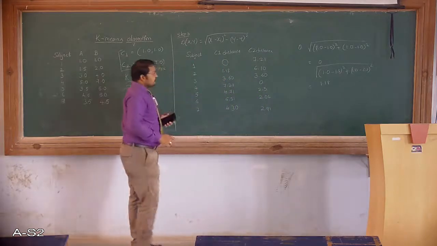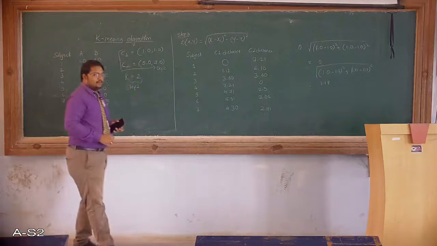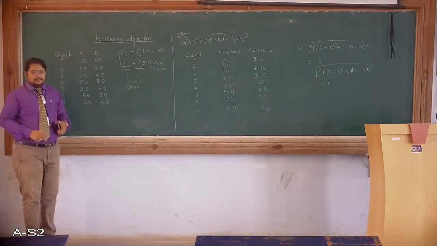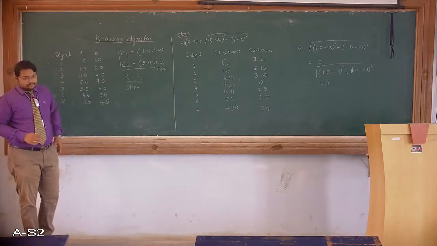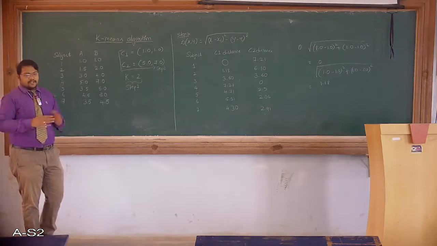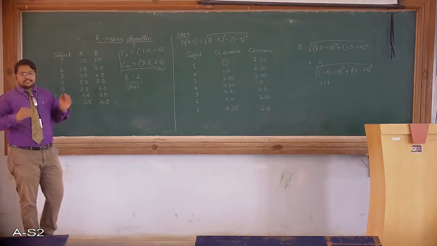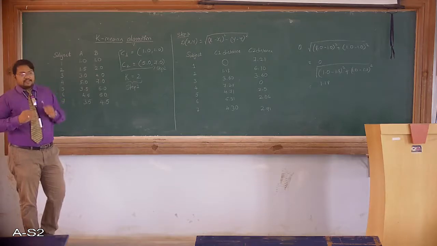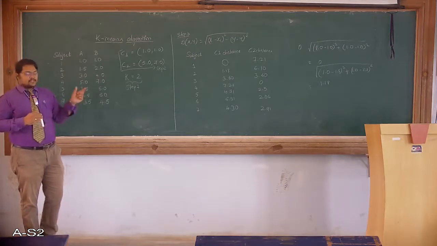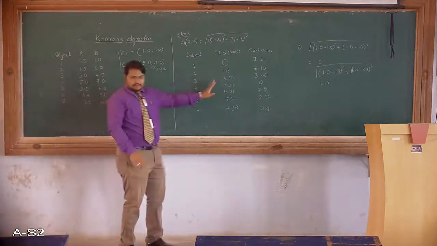Now, the next step after computing the Euclidean distance is we are going to classify the values onto its nearest cluster. Here, for the nearest cluster, we take the distances we have calculated.